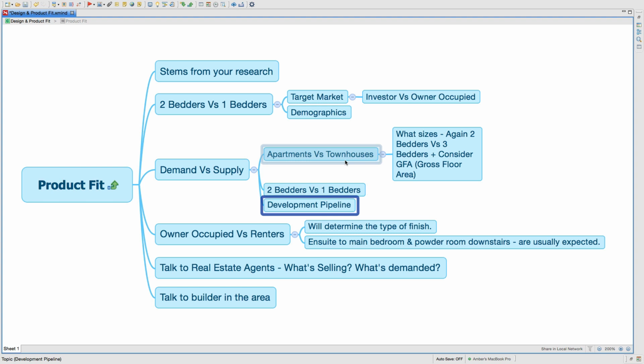So development pipeline is all the applications that are already in council that tell you what is going to come on the market. And the way you look at it is that you go onto the council website and try and find out the development applications or planning applications that are listed on the site.